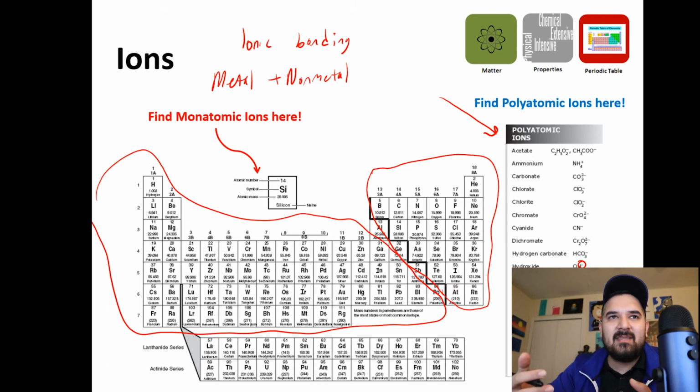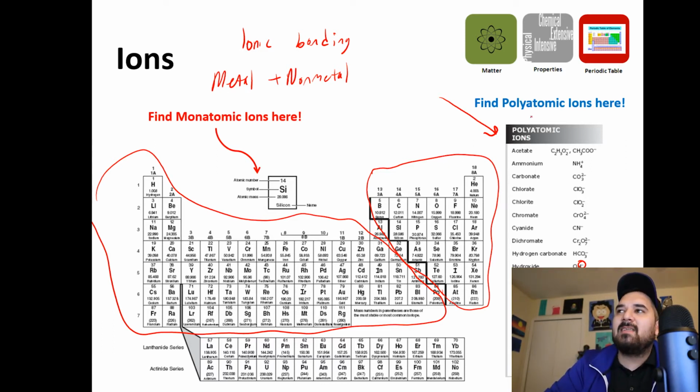So when elements bond together, they want to become neutral. But in the case of polyatomic ions, they still have a charge. That's why they're called polyatomic ions. They've already bonded, but they're still trying to bond with something else. That's a polyatomic ion. All right, let's move forward. Oh, and polyatomic ions are on the back of your periodic table.